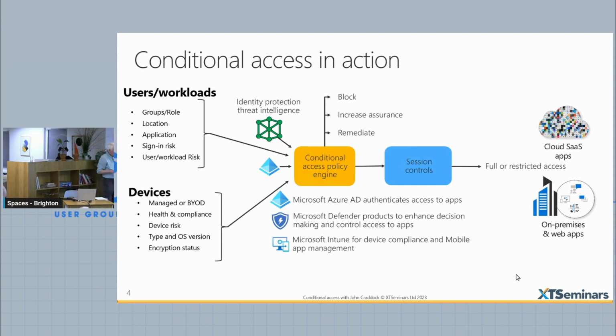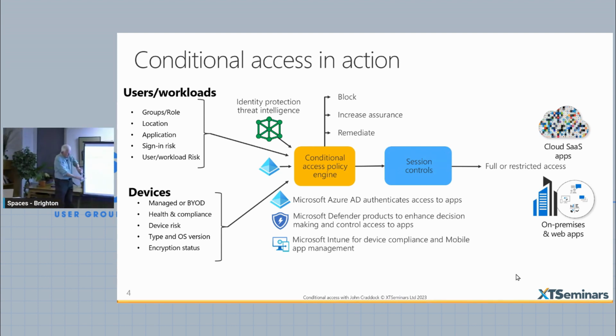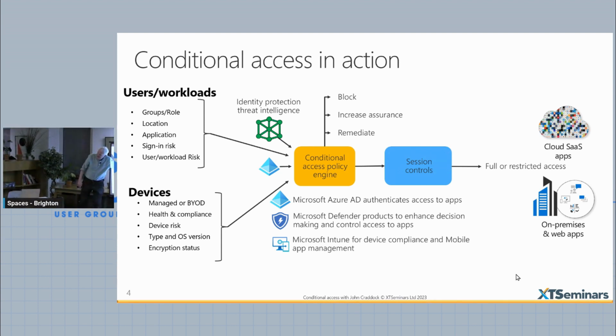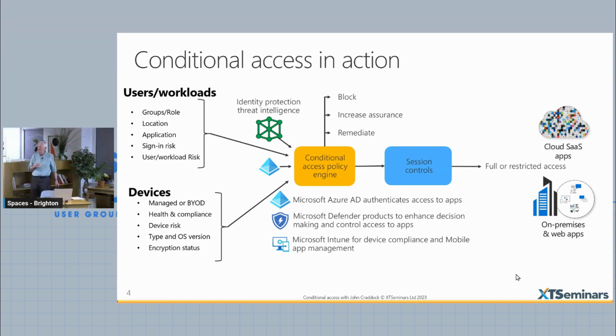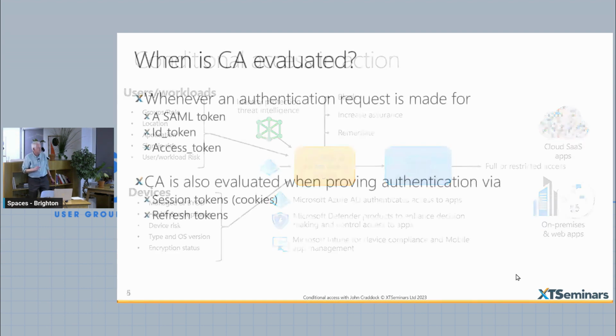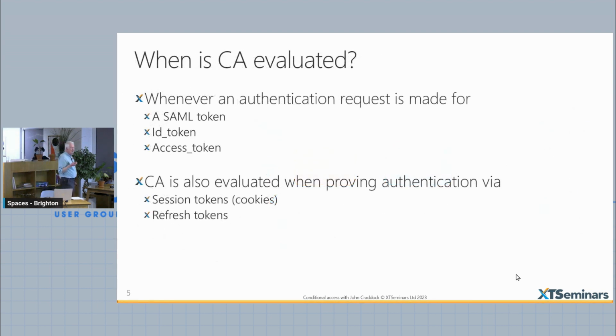And all of this, what you can do with these additional signals is getting more and more sophisticated. Right? But what we need to do is, first of all, ask ourselves the question, when is conditional access evaluated? So it's evaluated anytime you get a SAML token.